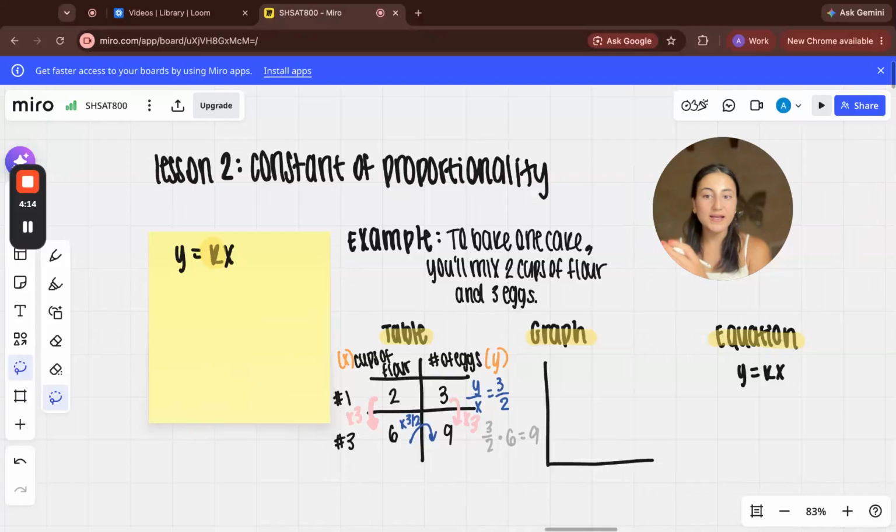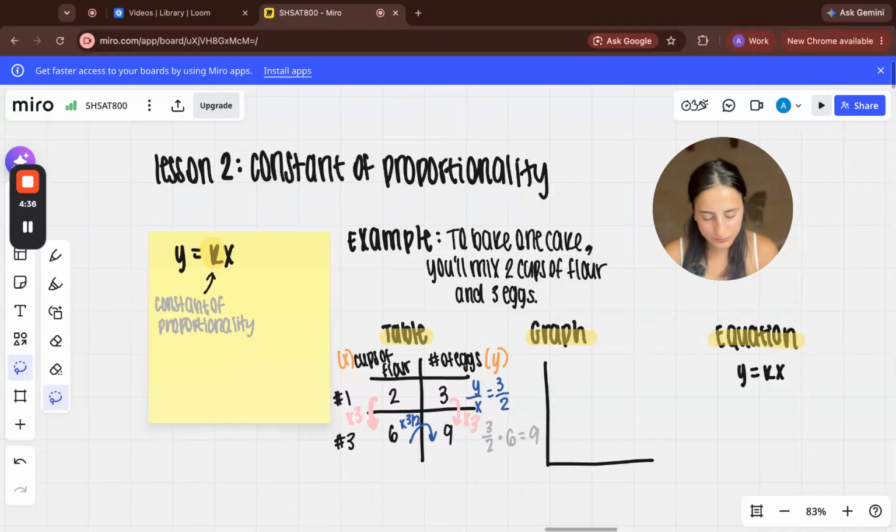So k demonstrates the amount that y increases every time x increases by 1 unit. I'll quickly write that out, that k is actually the constant of proportionality. That's the variable we use to represent that.